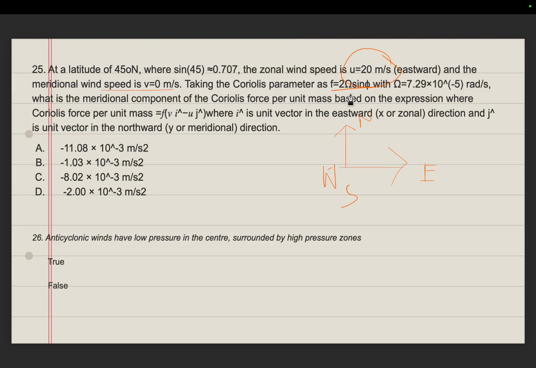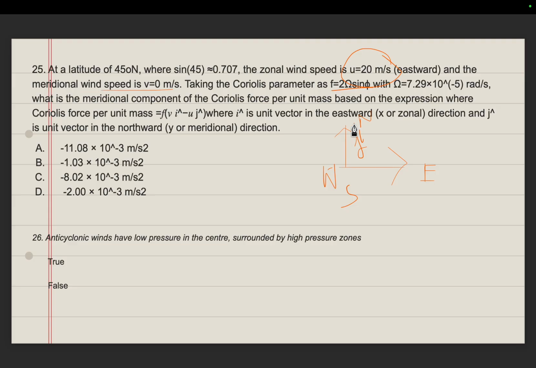Taking the Coriolis parameter as 2 omega sin phi, what is the meridional component of the Coriolis force per unit mass based on the expression f(v i cap minus u j cap)? Always the meridional component, the south to north component, is the j cap component. Only this j cap component has an effect here.